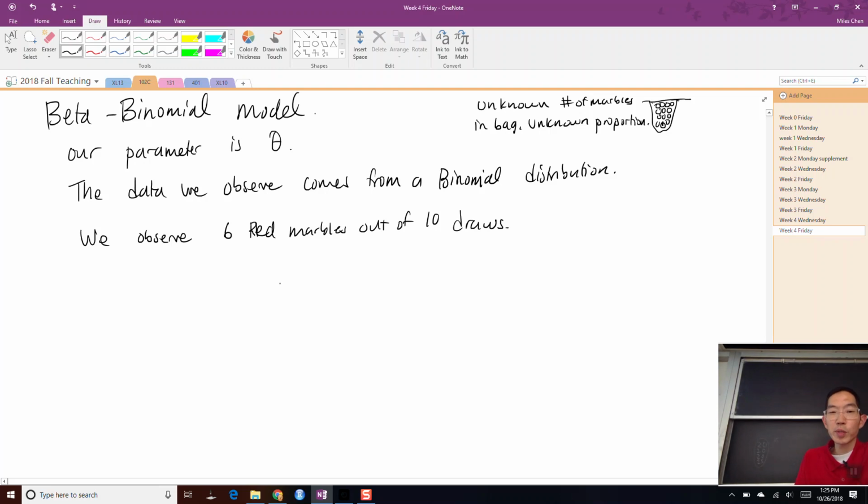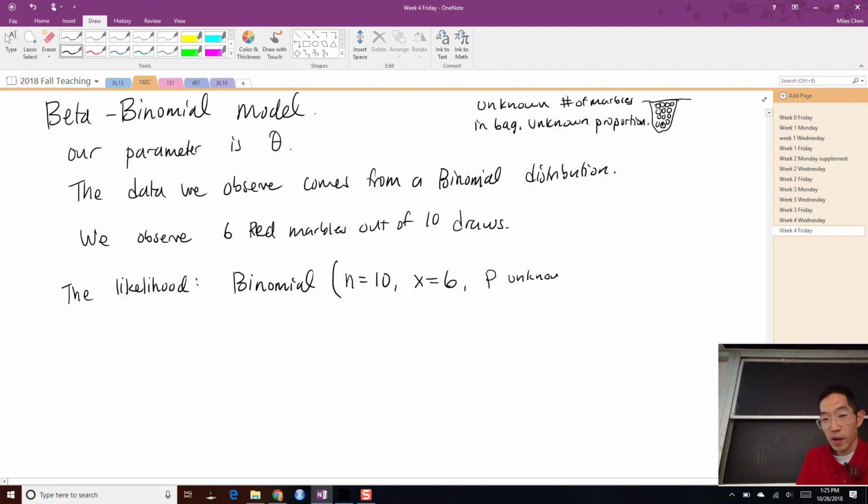So we observe 6 red marbles out of 10 draws, and the likelihood is going to be from the binomial model, where n is equal to 10, x is equal to 6, and p is unknown. So this is going to be 10 choose 6, p raised to the 6 times 1 minus p raised to the 4. Is that okay?